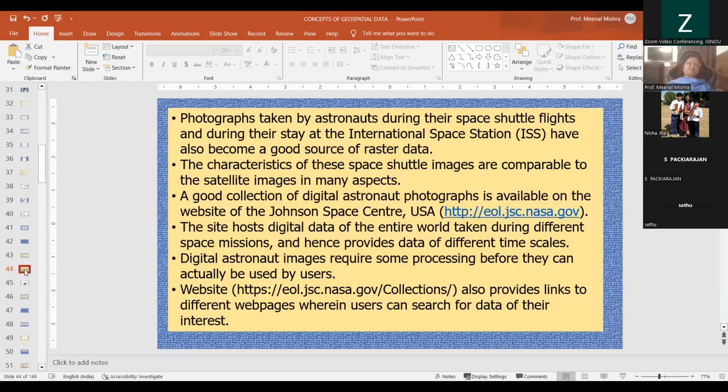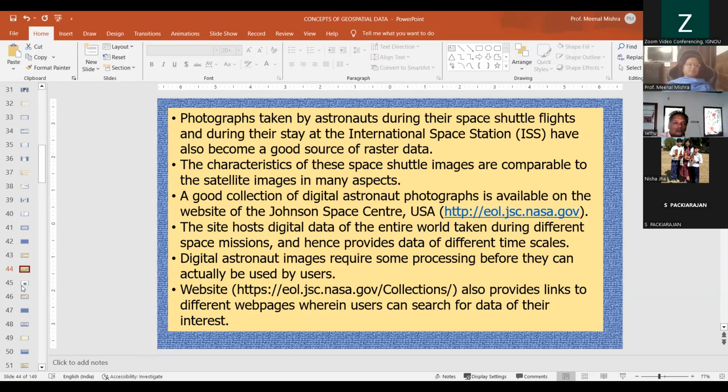The photographs taken by astronauts during their space shuttle flights are also a source of raster data. In your SLMs there are various links given wherein you can download these digital photographs.